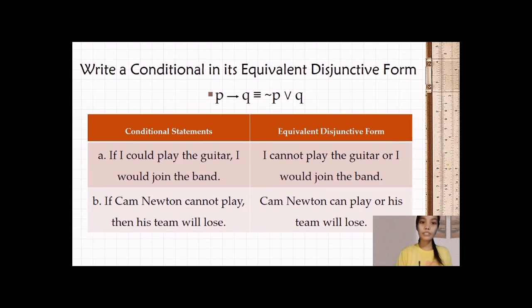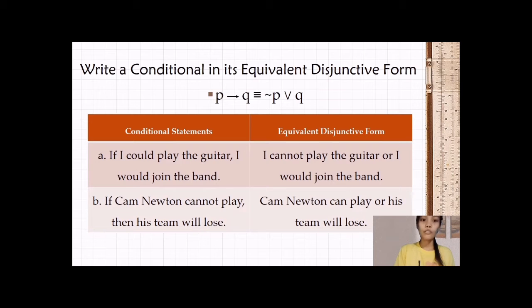Now, let's write a conditional in its equivalent disjunctive form. You should remember that the disjunction uses the connective "or". So, an example of a conditional statement is, if I could play the guitar, I would join the band.